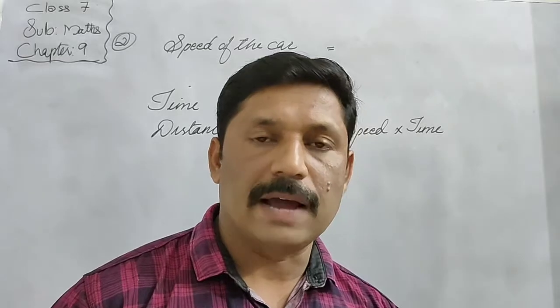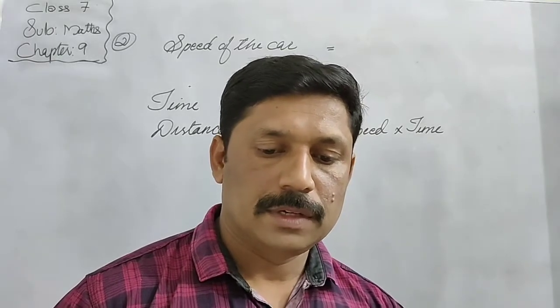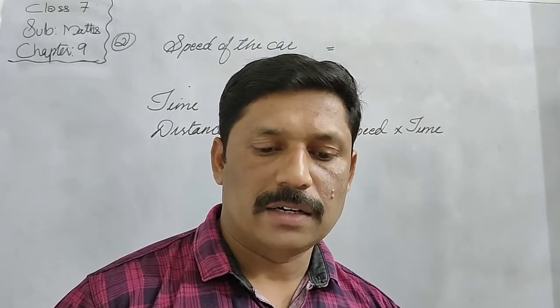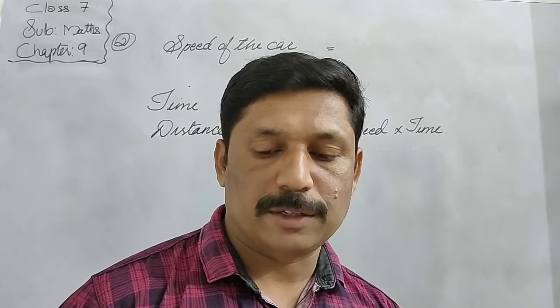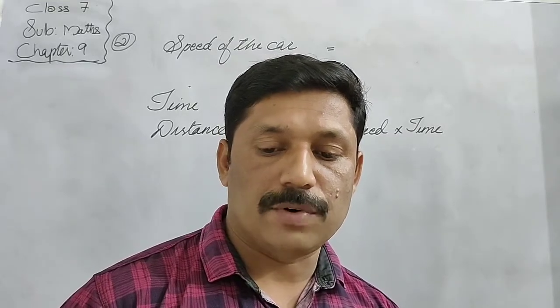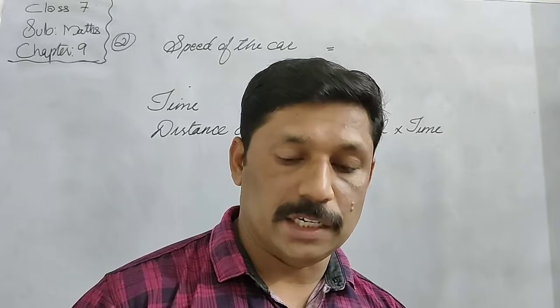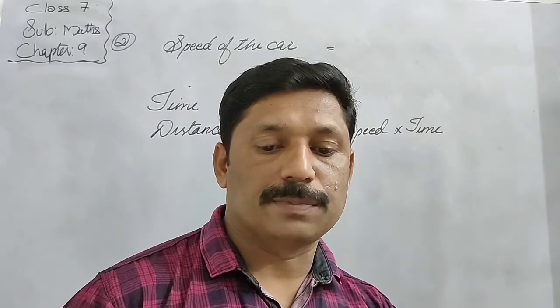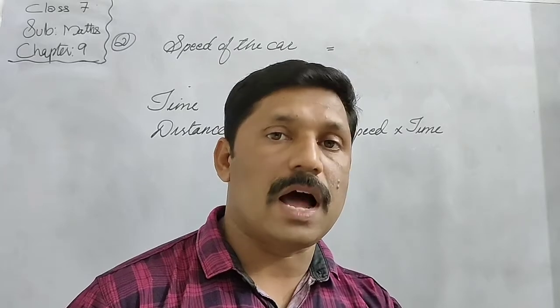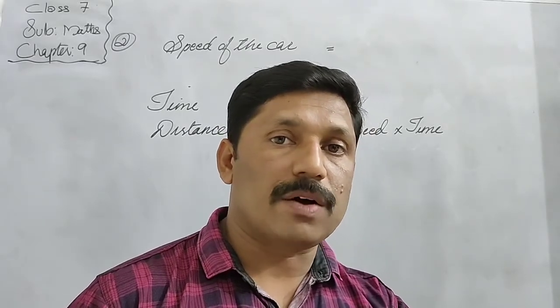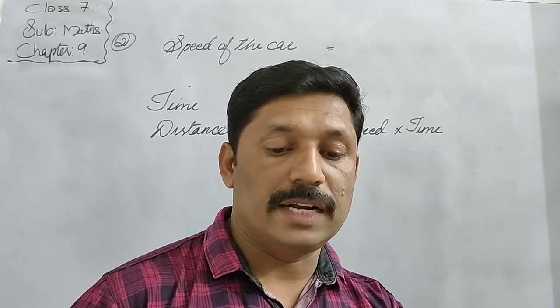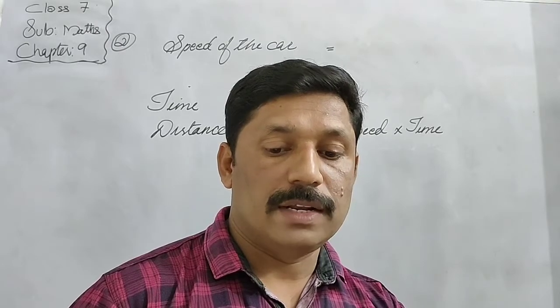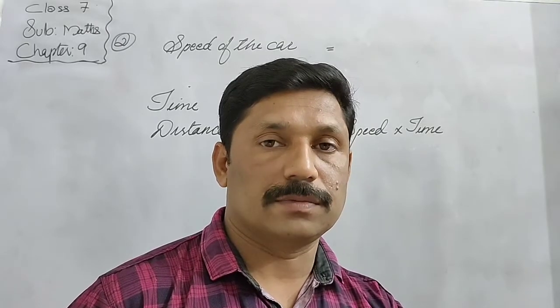That's a word problem. I will read the question, you listen. Rohit is driving his car at a speed of 42 km per hour. Find the distance covered in 42 minutes. So students, here he is driving his car at a speed of 42 km per hour. That is his speed, but we have to find the distance covered in 42 minutes.